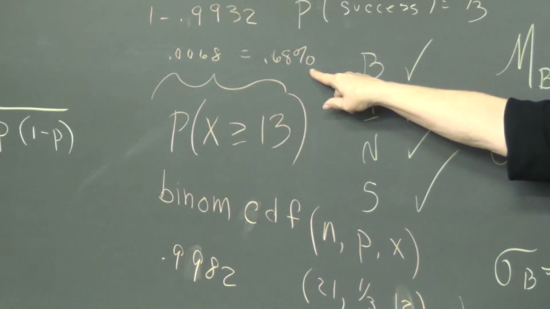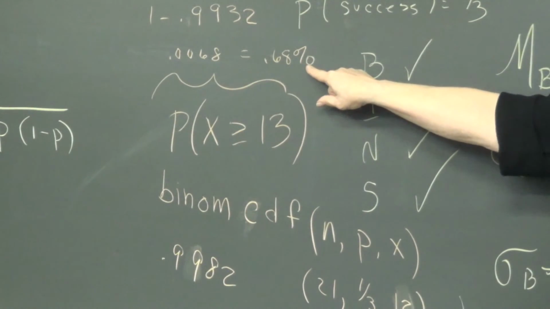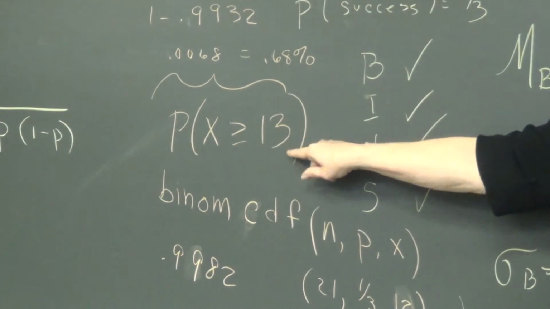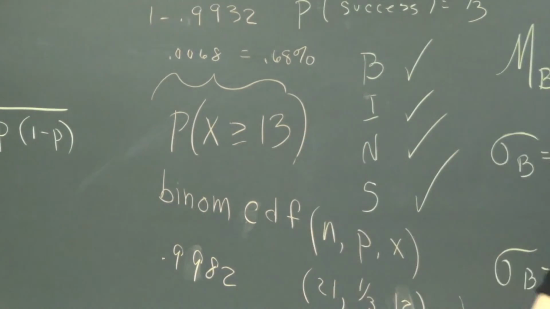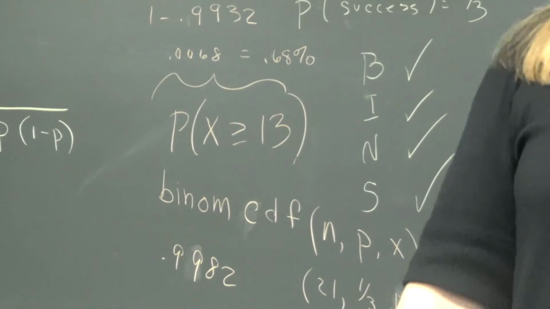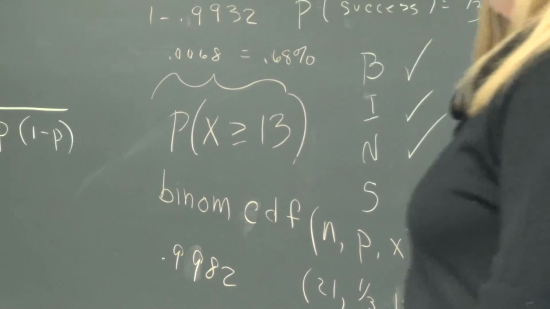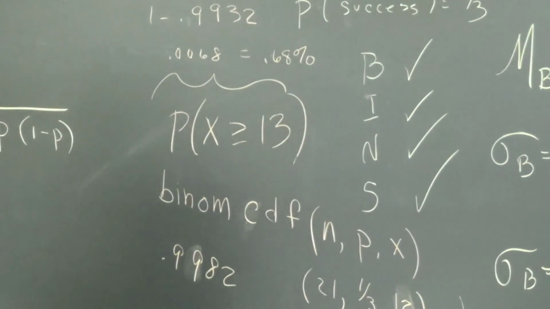You see that? 13 out of those 21 got it right. What's the chance of that happening if it was just by guessing? Only 0.68%. It's almost 1%, less than 2, a bit more than 2. Are you convinced?